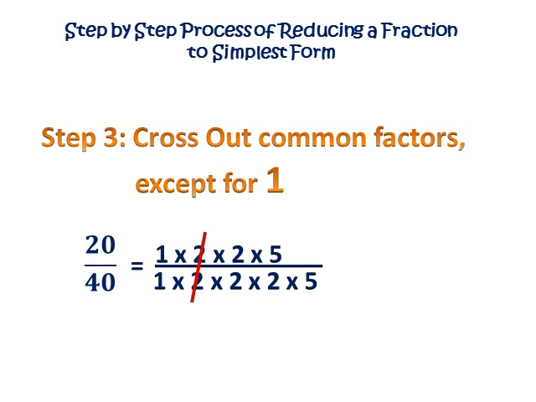Do they have any other common factor? They have another set of 2's, so we cross that out too. Any other factors common to both 20 and 40? We have 5, and we cross that out too. These are all the crossed-out common factors. Again, 1 is a common one, but we did not cross it out.